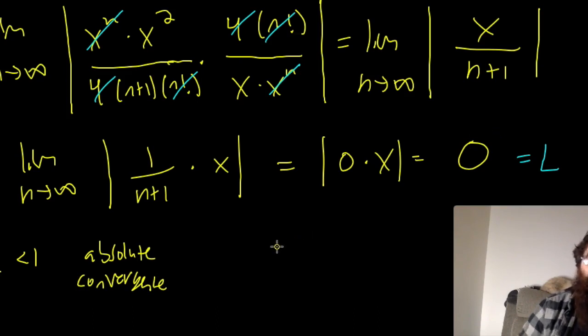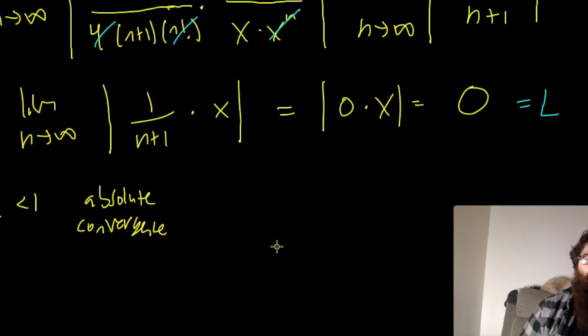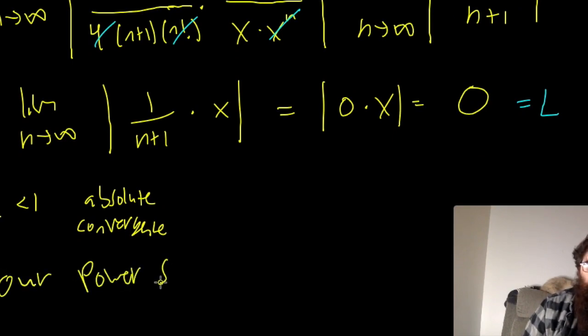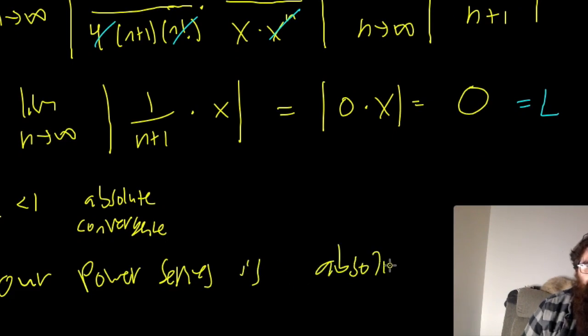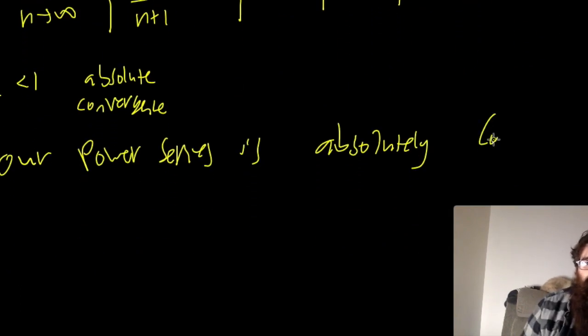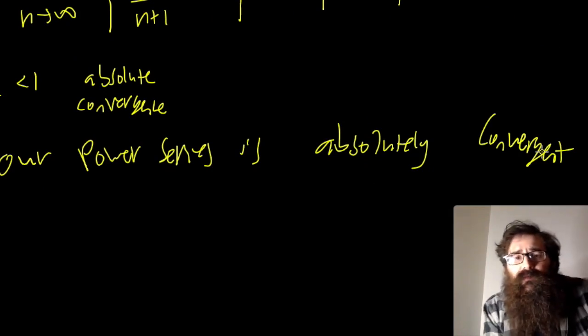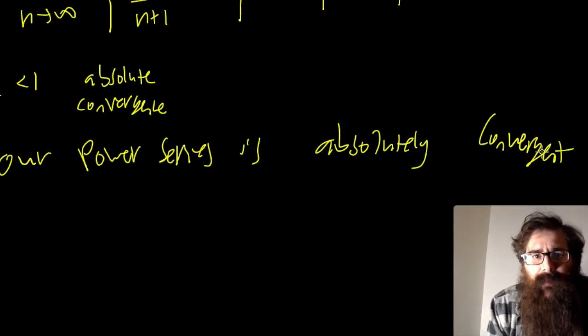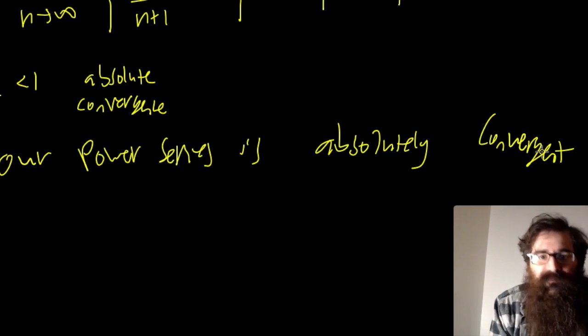So what this means is our power series is absolutely convergent. And there's no discussion that I'm having to have with the result that I got out of here. Ratio test is sure of this. It's saying, okay, you got 0. 0 is less than 1. You're absolutely convergent. There's no restrictions.